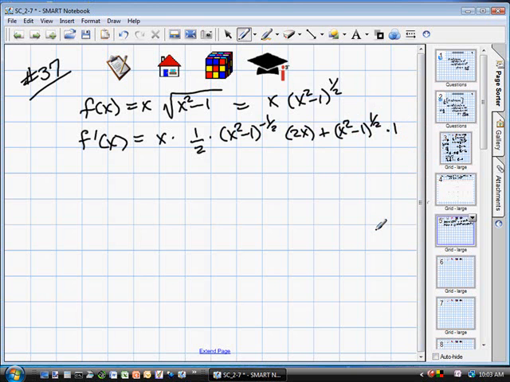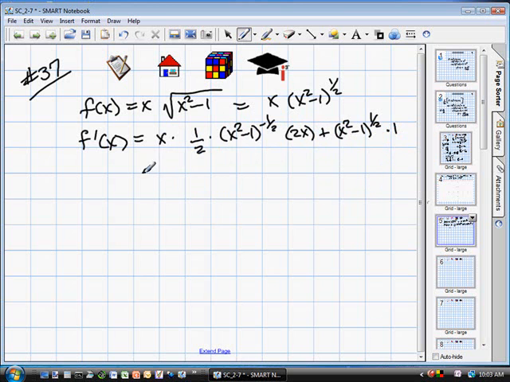See if that makes sense first of all. The first times the derivative of the second, and that meant what? Power rule and chain rule, and then plus the second times the derivative of the first. Well, that part turned out to be nice and easy.